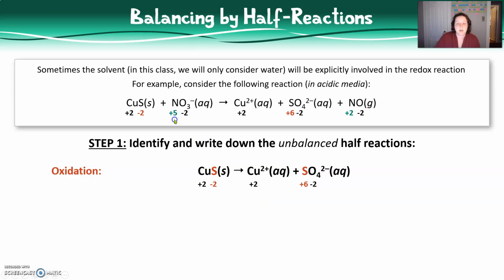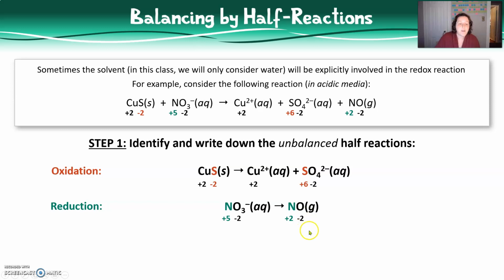The nitrogen up above is being reduced in this reaction because it is gaining electrons to go from a +5 oxidation state to a less positive or more negative oxidation state of +2, which means that it has gained 3 electrons. So, writing down all the chemical species involved in the reduction reaction, the nitrate ion is on the reactant side and the nitrogen monoxide is on the product side.